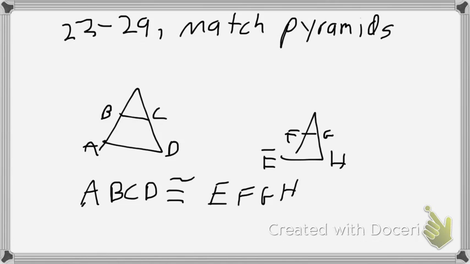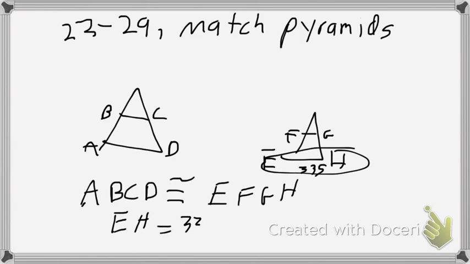Okay, so this first one, what we're going to look at is EH. Now, the problem is asking on 22 for the length of AD. Okay, so you look over and you can see that A and D, first and the last one.